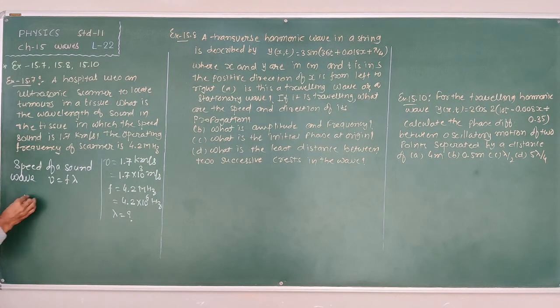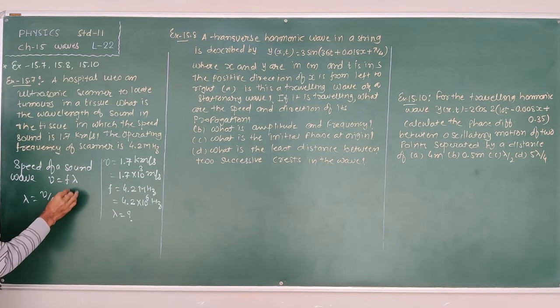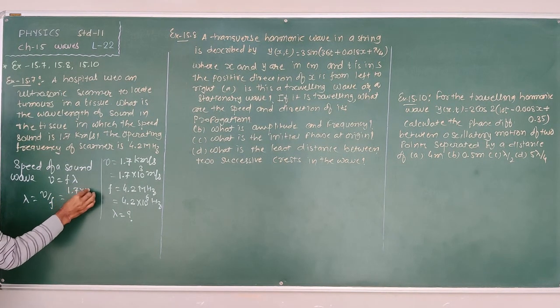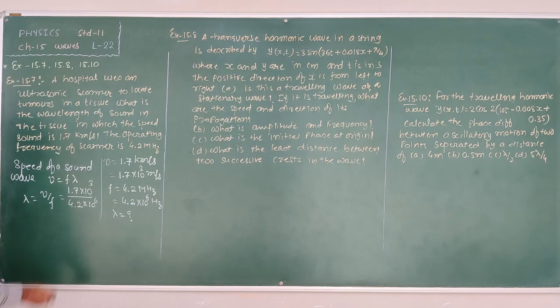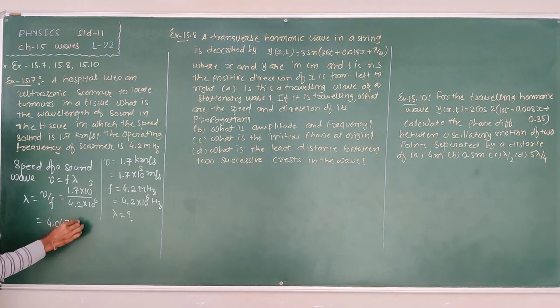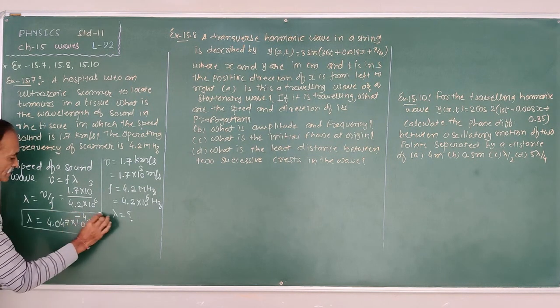We require lambda, therefore v upon f. v is already known, that is 1.7 into 10 to the power 3, upon operating frequency 4.2 into 10 to the power 6. As we simplify, we get 4.047 into 10 to the power minus 4 meter. So that is the wavelength of ultrasonic sound in the tissues.